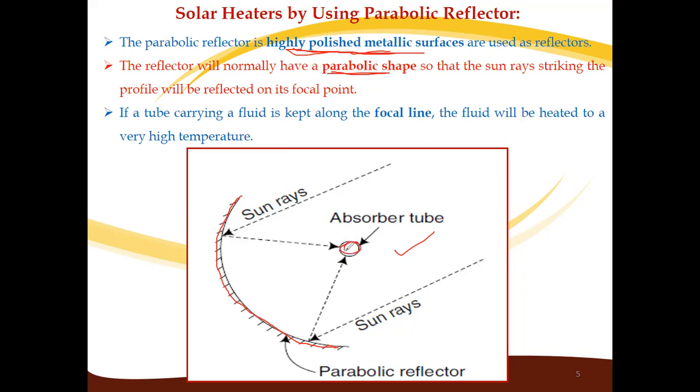At that focal point, we have an absorber tube. So sun rays are incident on this parabolic curve or parabolic shape. Then they will be reflected to this absorber tube, where the reflected rays are absorbed by the absorber tube.